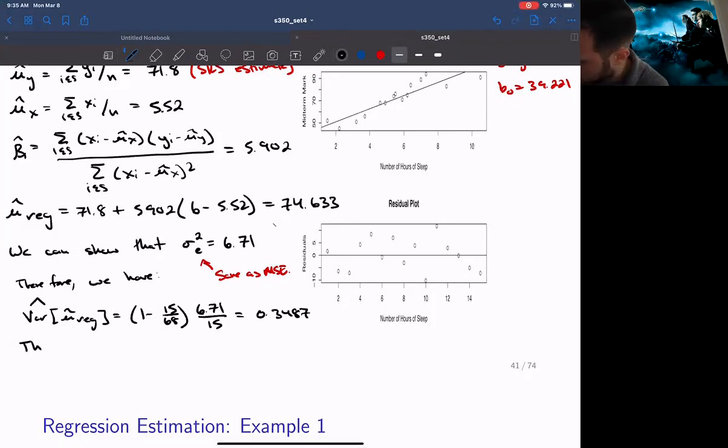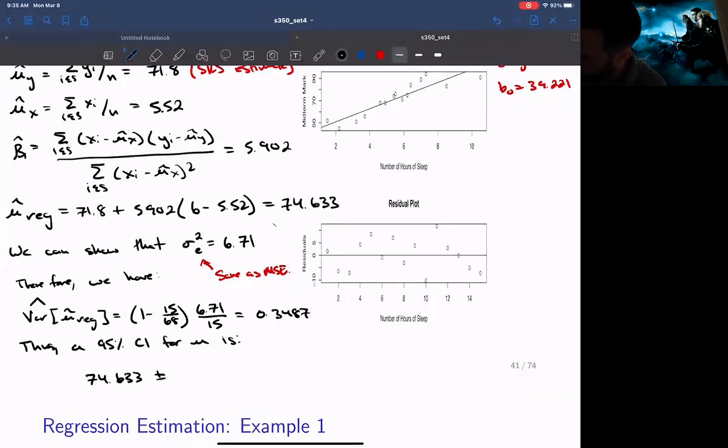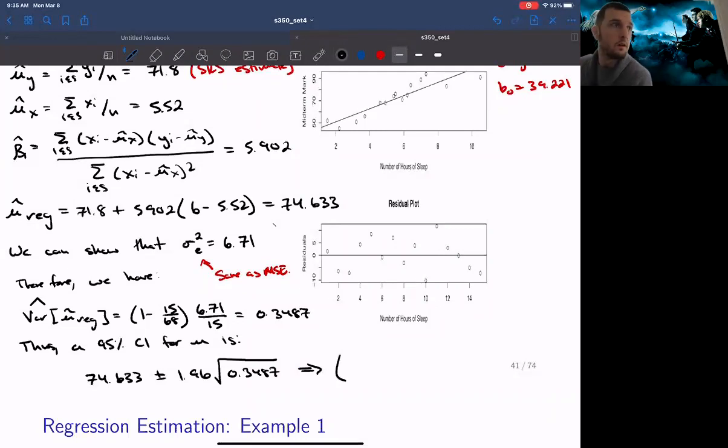Thus, a 95% CI for mu is 74.633 plus or minus 1.96 multiplied by the square root of 0.3487, which is going to give us something in the area of 74.